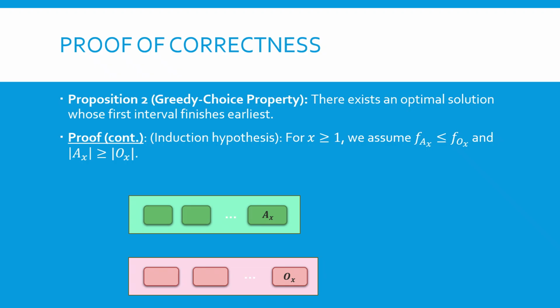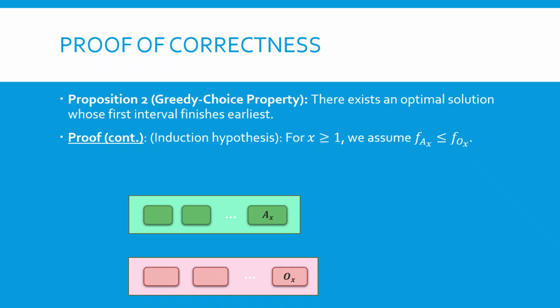Next, we state the induction hypothesis. Assume that for some index x greater than or equal to 1, the finish times satisfy f(Ax) less than or equal to f(Ox). The figure on the slide illustrates this assumption.